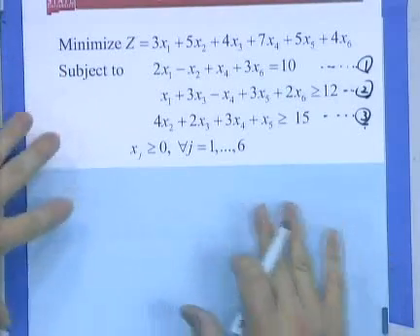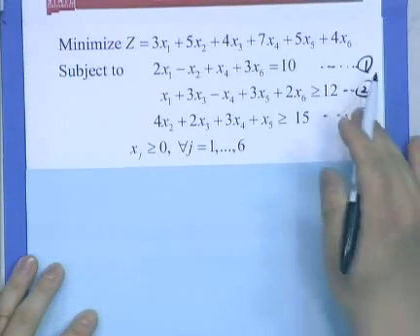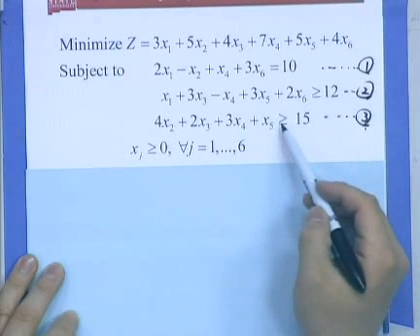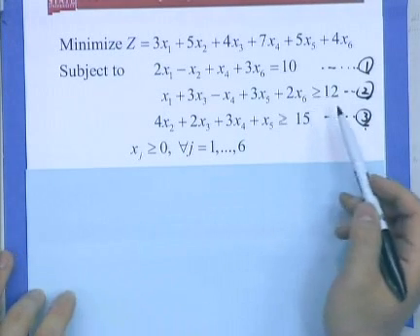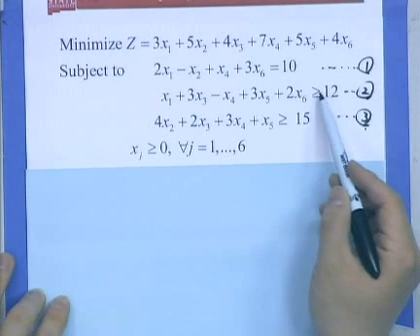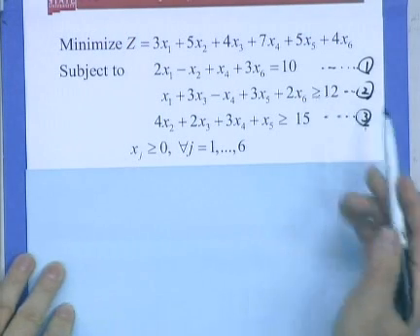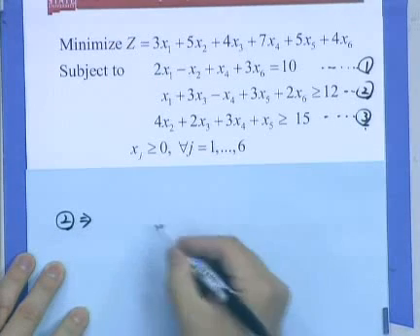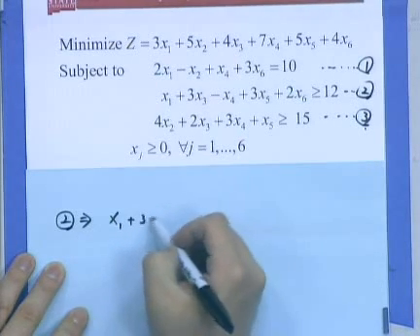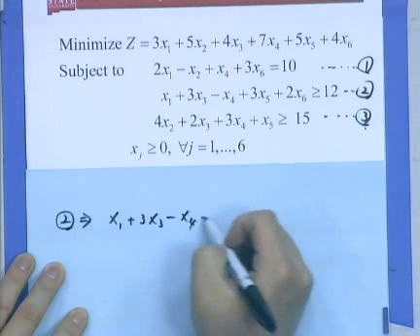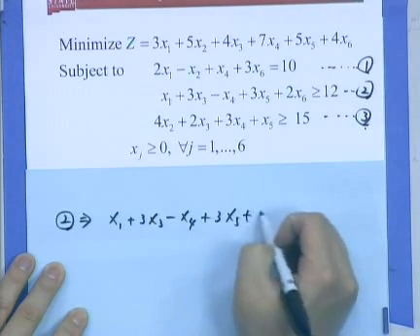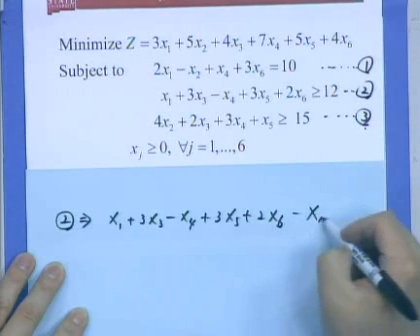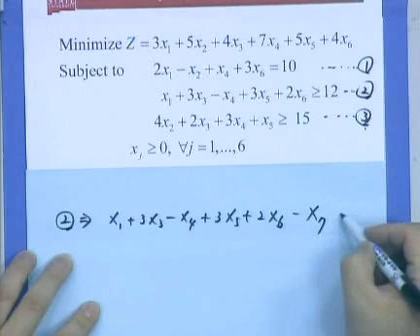So first of all, we need to standardize it, which means all the greater than equal constraint should be equality constraint by introducing the surplus variable, right? The constraint number 2 becomes this minus, let's use x7 variable, okay?